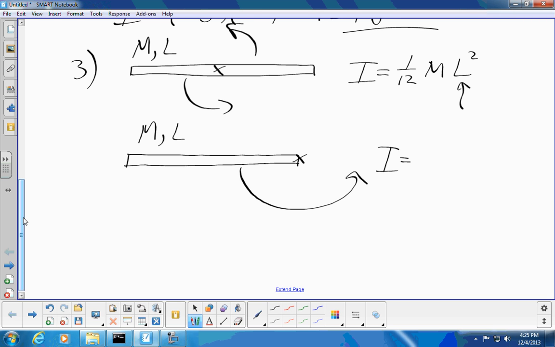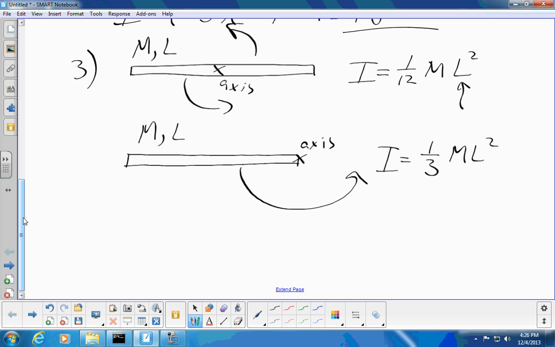It turns out in this case that the rotational inertia is 1/3 mL squared. Same mass, same length, but a larger fraction, remembering, of course, that a third is more than a 12th. In fact, this moment of inertia is 4 times what the value is when the axis is in the center. So changing where the axis is located can have a significant effect on the value of the moment of inertia.